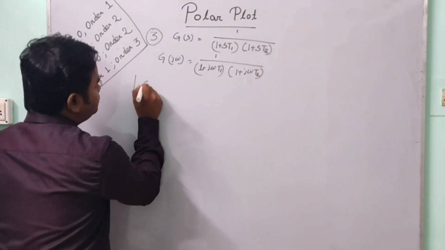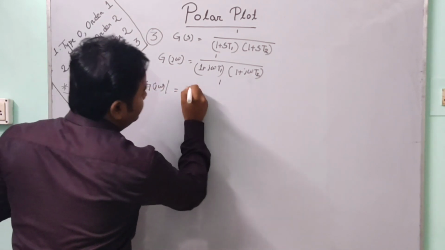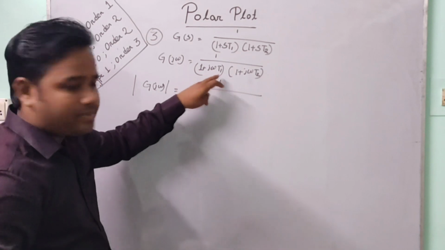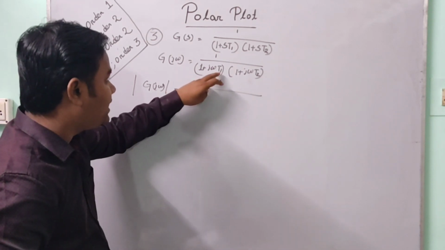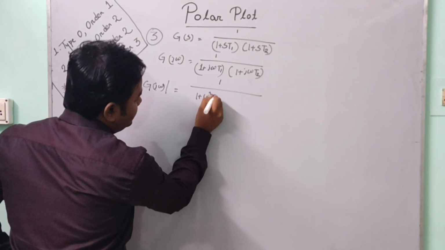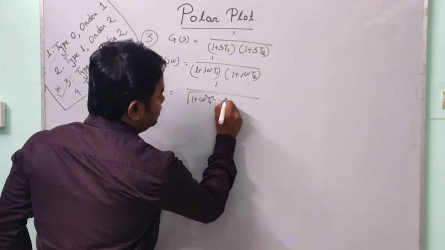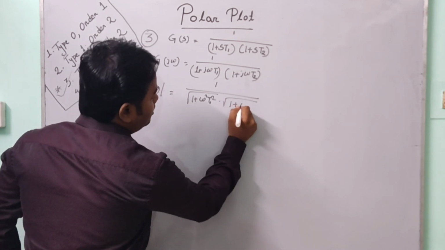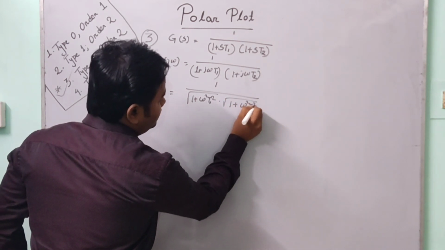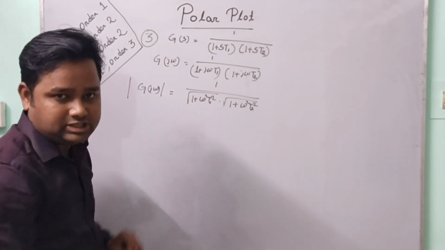That means the magnitude of G of j omega is equal to 1 divided by the square root of (1 squared plus omega squared T1 squared) into the square root of (1 squared plus omega squared T2 squared). This is the magnitude for G of j omega.